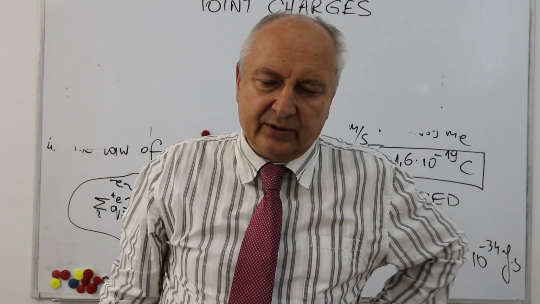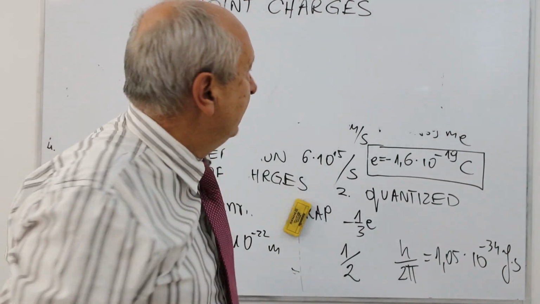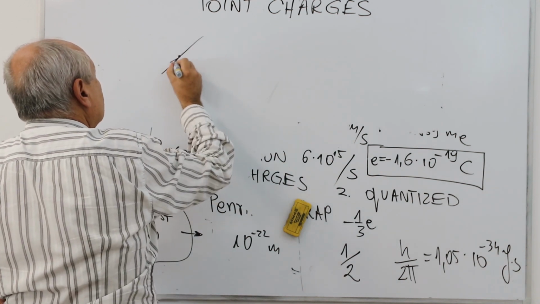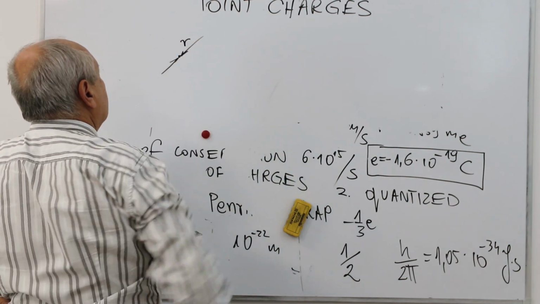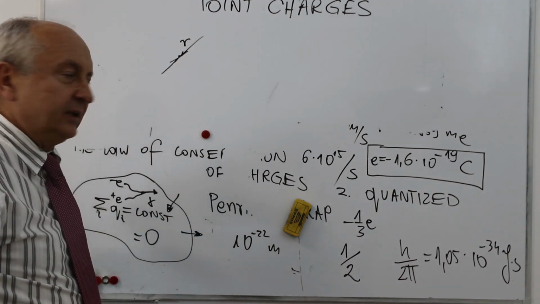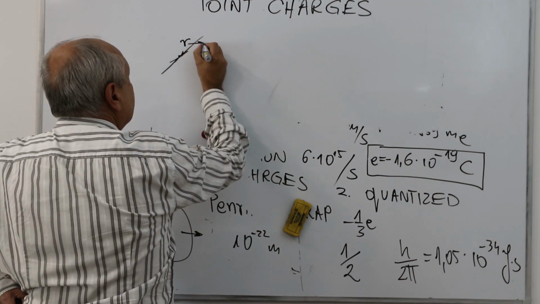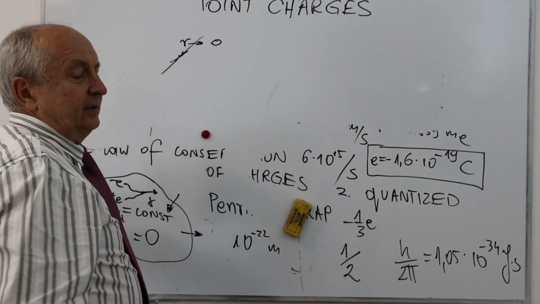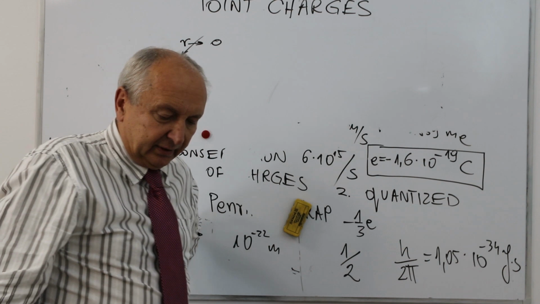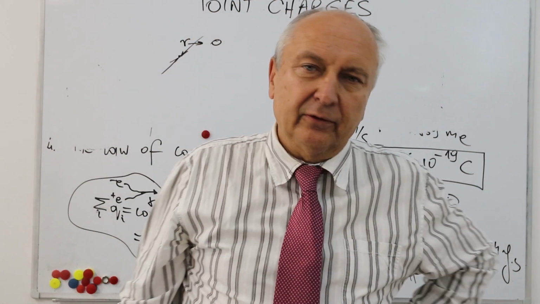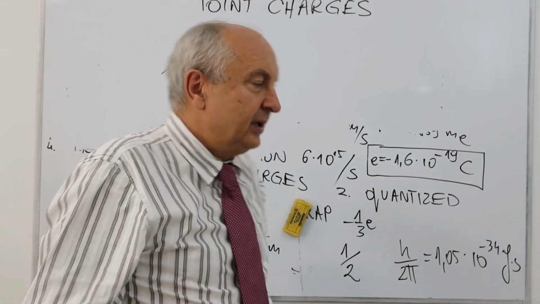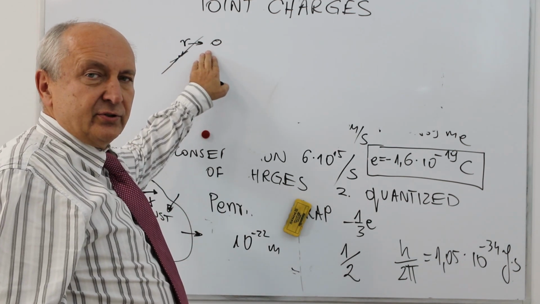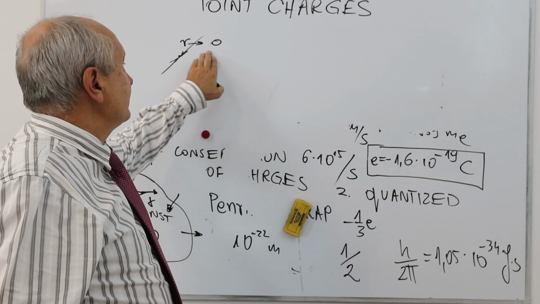For point charges the dimension of the charge is going to 0, and to avoid mathematical or physical problems, we do not take into consideration the dimension of the charge.